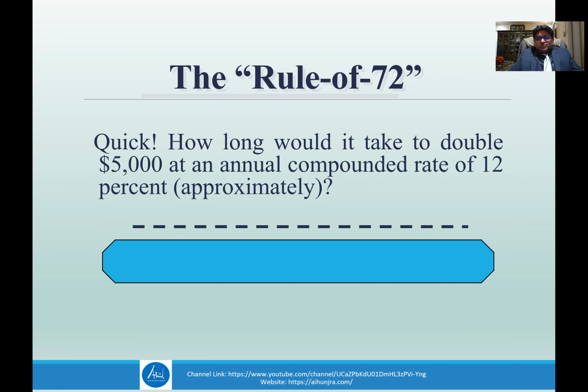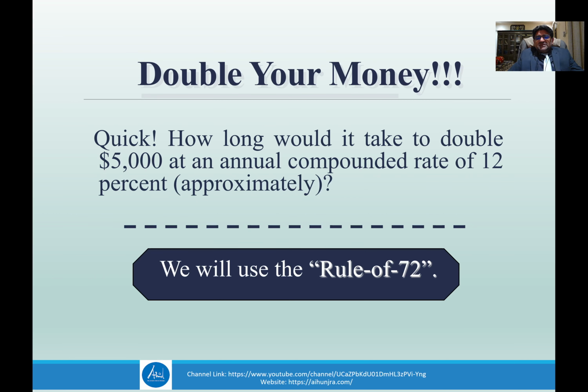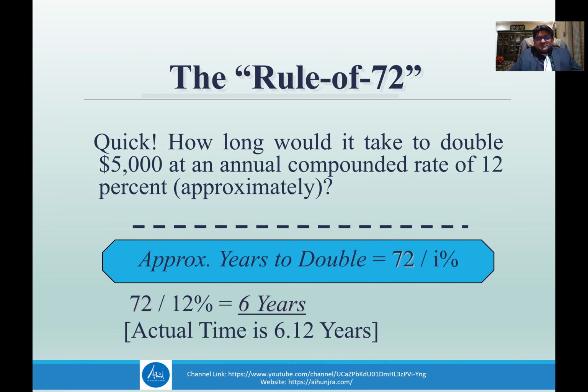And the rule of 72, how can we calculate it? Simply 72 divided by the interest rate. Then you can find the approximate number of time periods. Look here: 72 divided by I. What is the interest rate? That is 12. Don't convert it into a decimal.